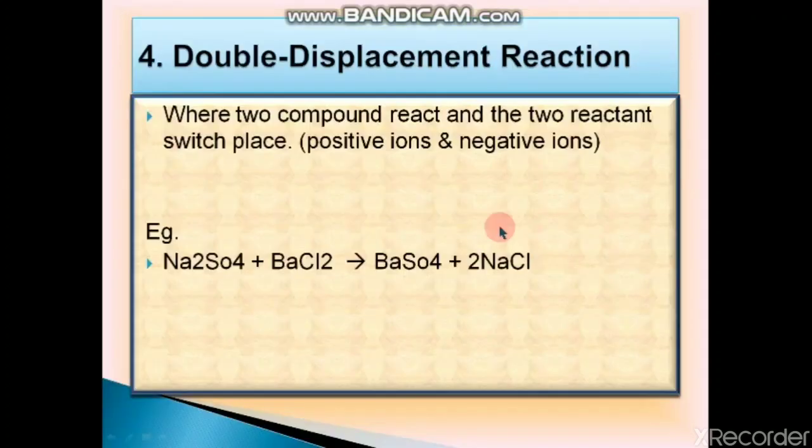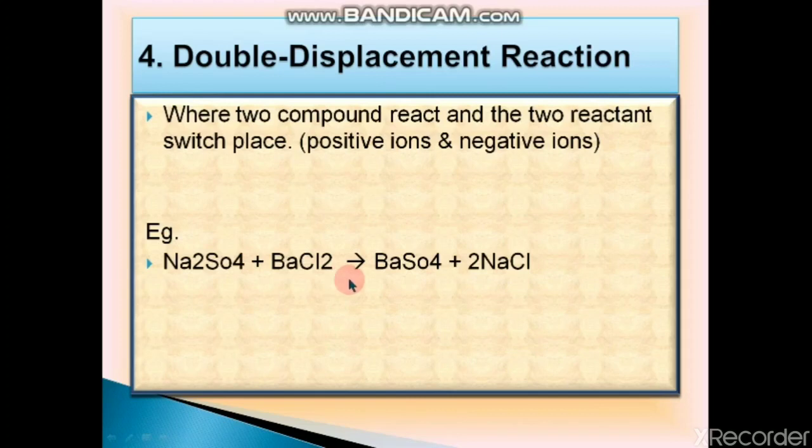Next we see double displacement reaction. What is double displacement? It is when two compounds react and the two reactants switch places, positive ion with negative ion. That means the positive and negative parts switch places. Here is an example: Na2SO4, sodium sulfate, and barium chloride.